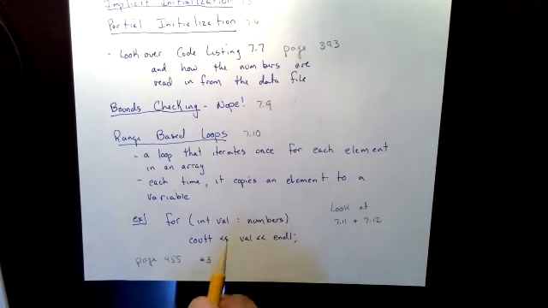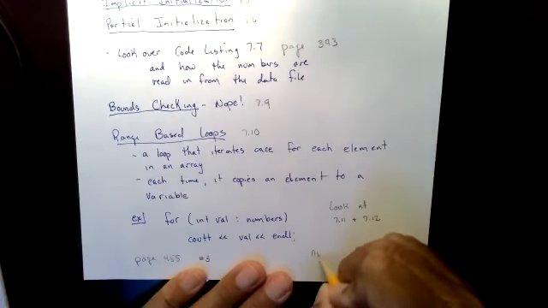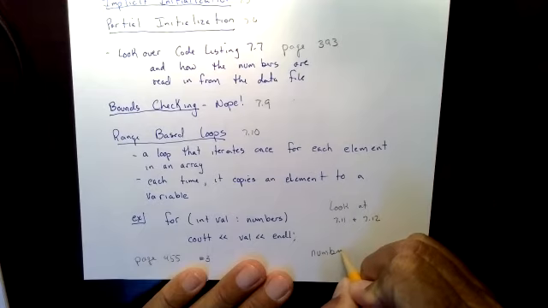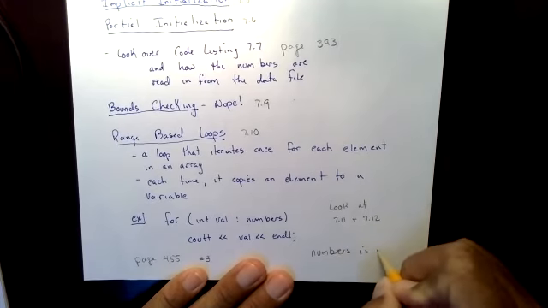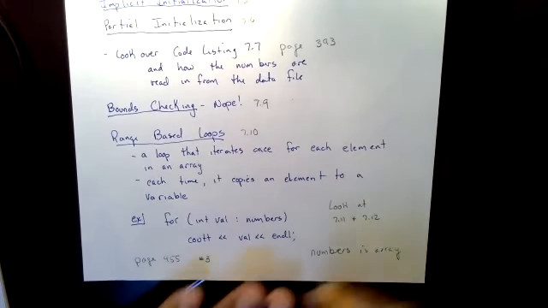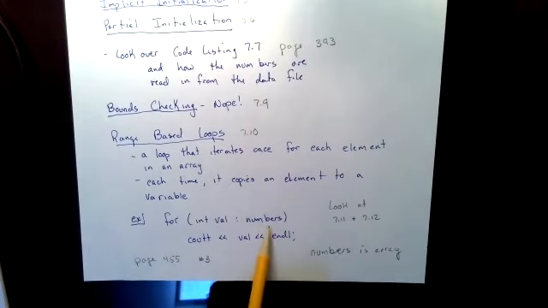So if you take a look at this, for int val : numbers, this is the example from 7.10 where numbers is the array. And as long as there are values in this array, it's going to take it and store it in val and let you cout val.